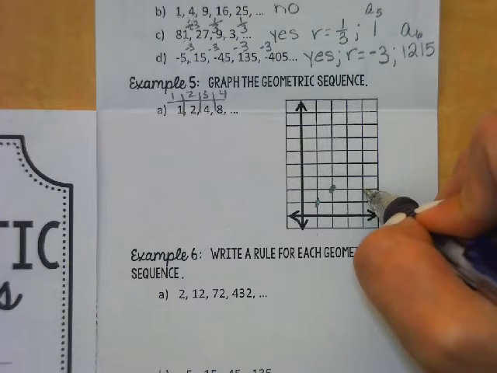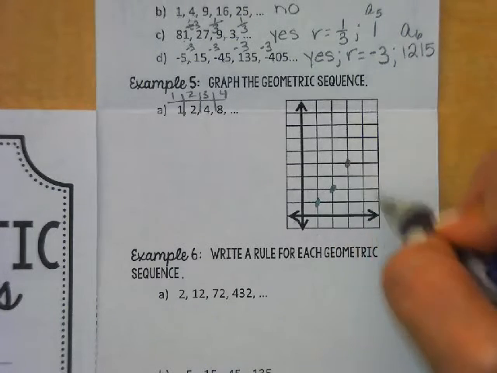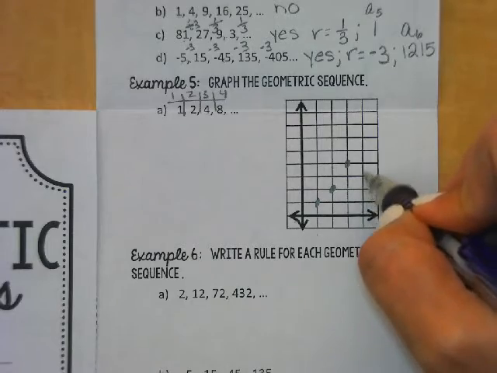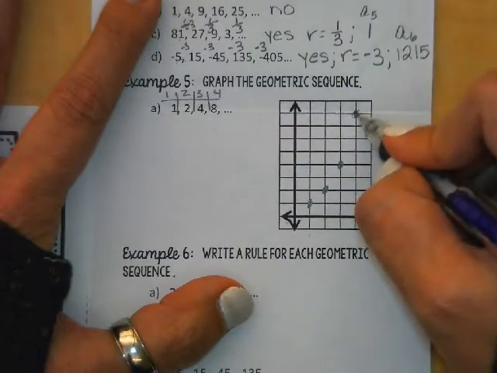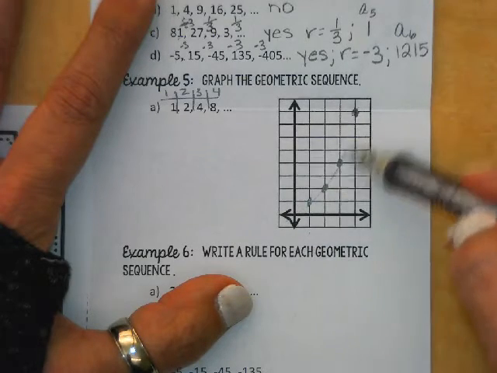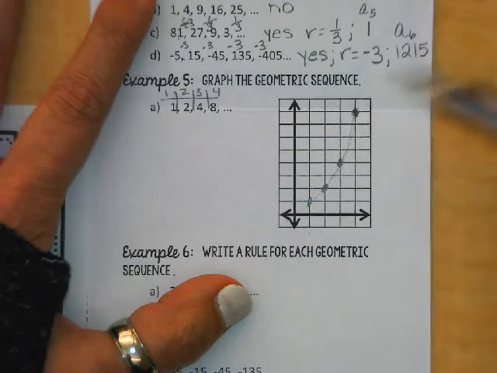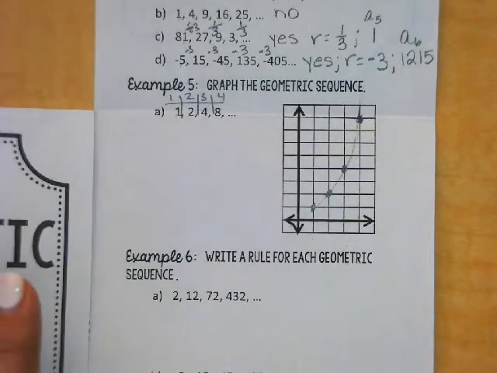Is this linear? It's still discrete because, like Chris said, it's just a list. But notice it has a curve to it. And that's what we're going to be looking at today.